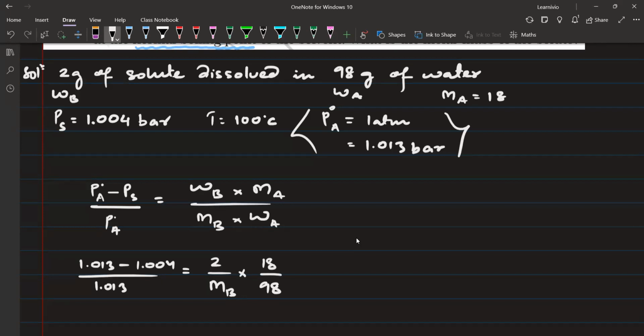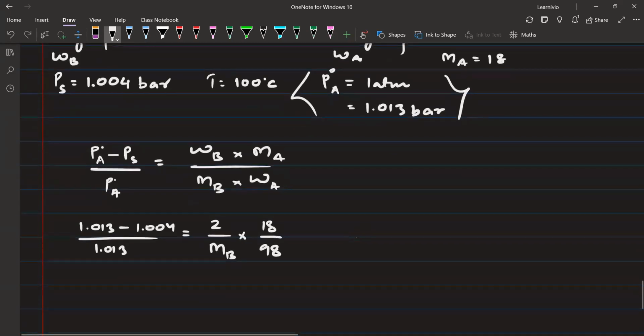And how much will be this value? 1.013 minus 1.004 is 0.009, I guess, divided by 1.013, and that is equal to 18 upon 49.